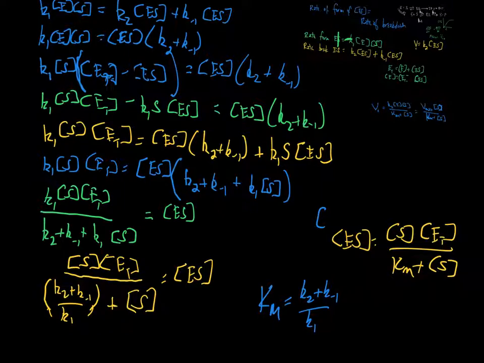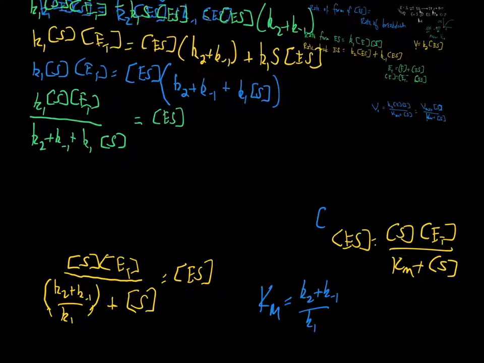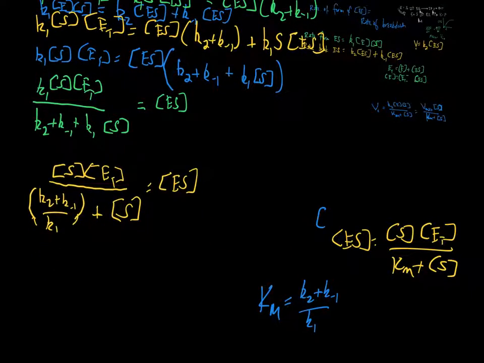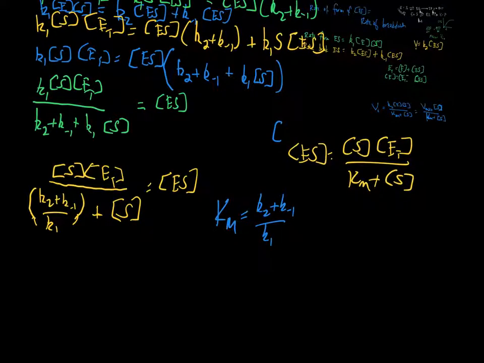So I'm going to try to move all of this up. So before, you can barely see it now, I'm going to do it in this color. We had said that the initial velocity, or V, was equal to K2 times ES. Well, we now have an ES.